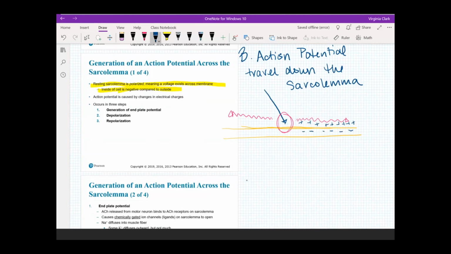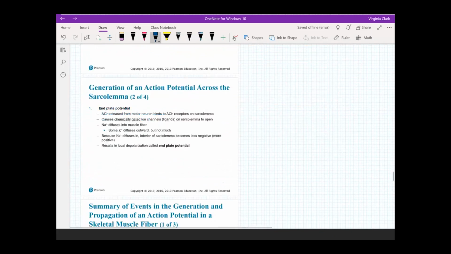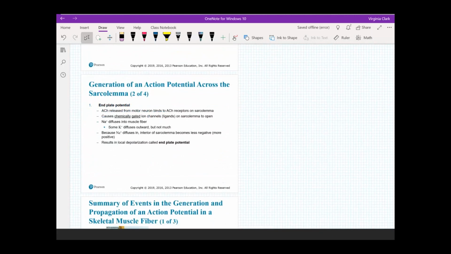And this will occur in 3 steps. What we're going to get with this action potential is a series of electrical changes. So it's a 3-step process.